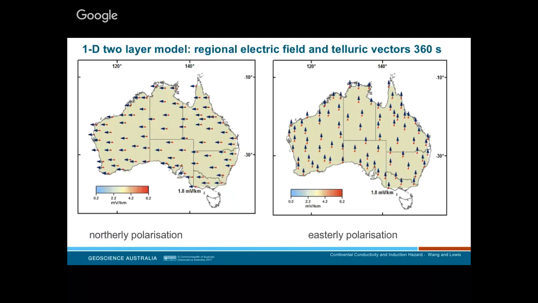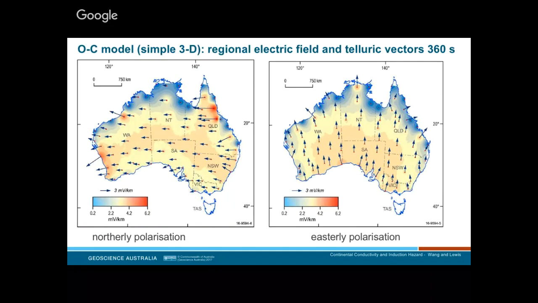Okay, so now we're using the 3D model to address the geomagnetically induced hazards. First one is a simple 2-layer model with no reference to the conductivity contrast between land and ocean. Of course, the induced field is uniform across the continent. Okay, this model is called the ocean and continent model.